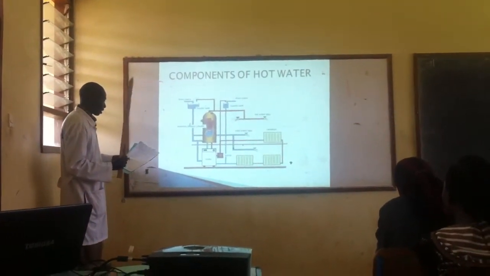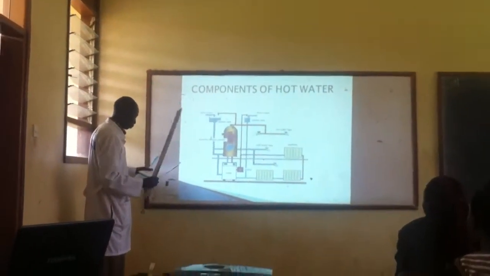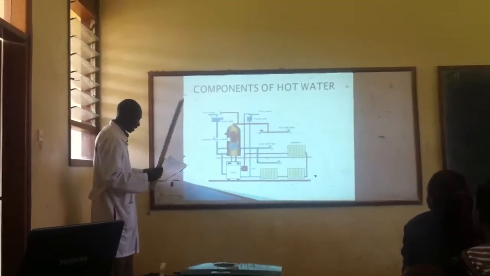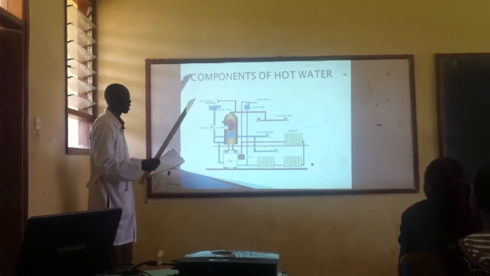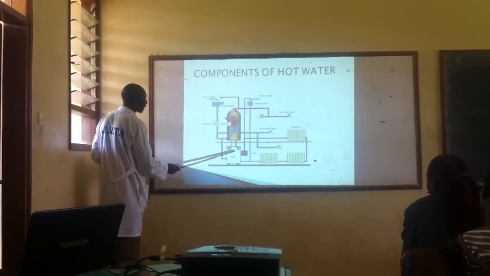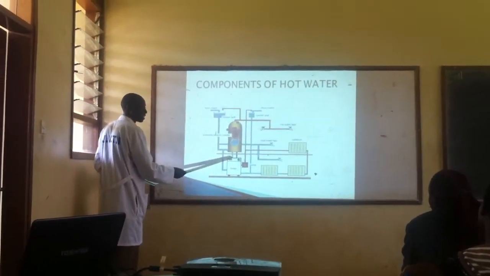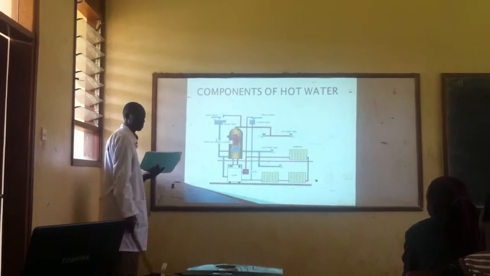Now, there's also the connection between the cylinder and boiler, which has not been put there. You have a cylinder union. So if you want to disconnect between here and here, you will put a cylinder union.